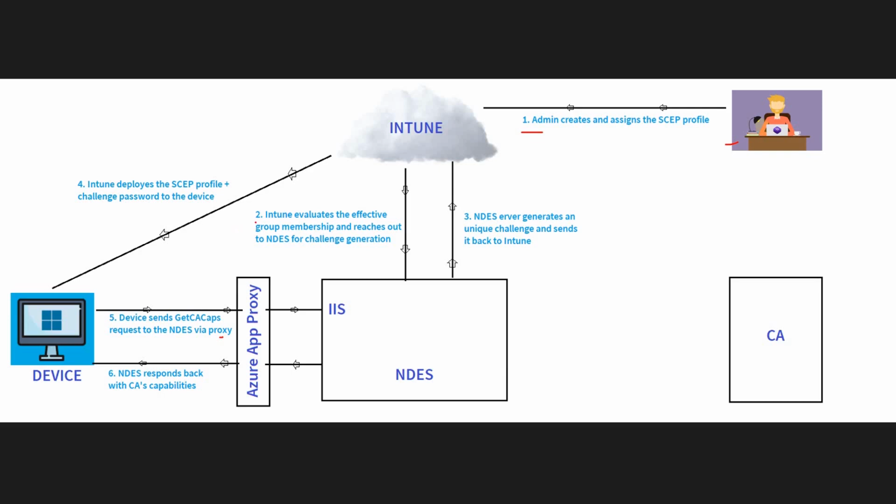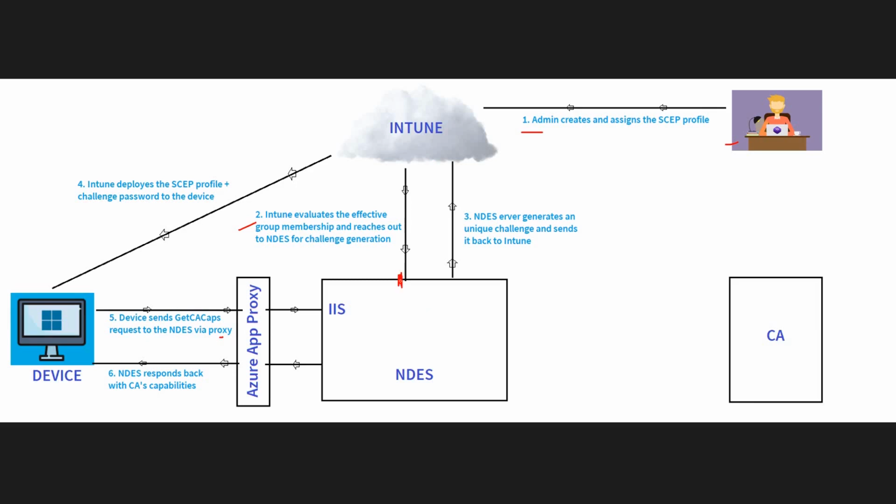Now in step 2, after Intune has done the effective group membership evaluation, it reaches out to the NDES server. Now, how does it reach out to the NDES server? How does the Intune service know where the NDES server is? Because the NDES server is present on-premises, right?